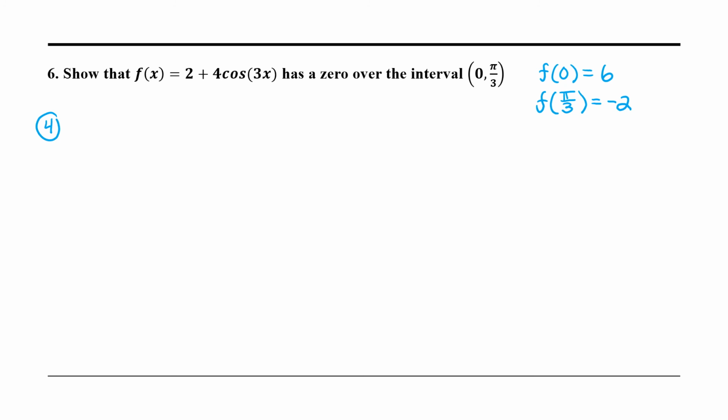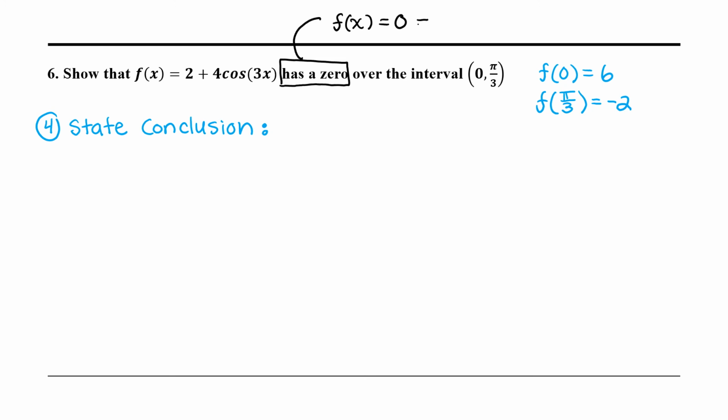Now we need to state our conclusion. In order to state the conclusion, we're going to actually have to think about what we wanted here. So we're trying to show that this has a 0. The 0 of a function occurs where f of x is equal to 0.